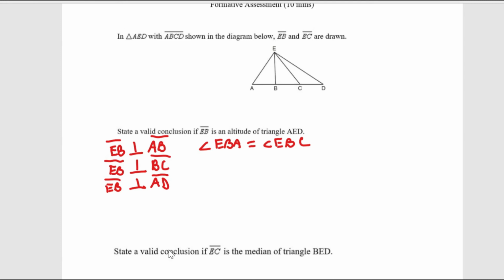So this says state a valid conclusion, EC is the median of triangle BED. So let's highlight a couple of things. So they said EC. So EC is a median of triangle BED.